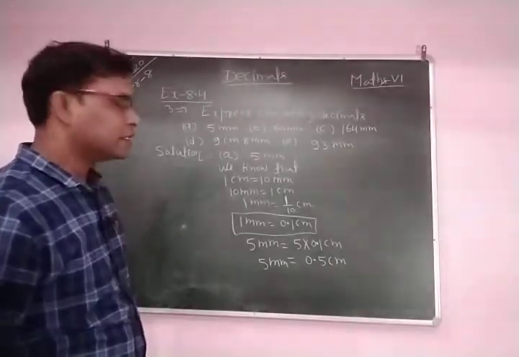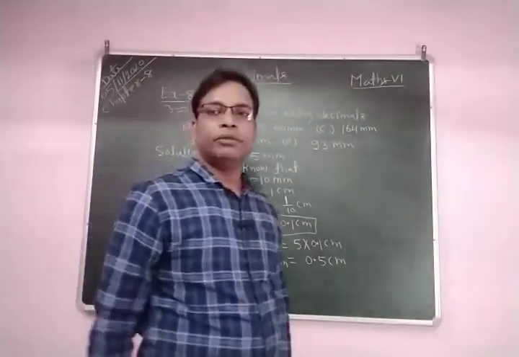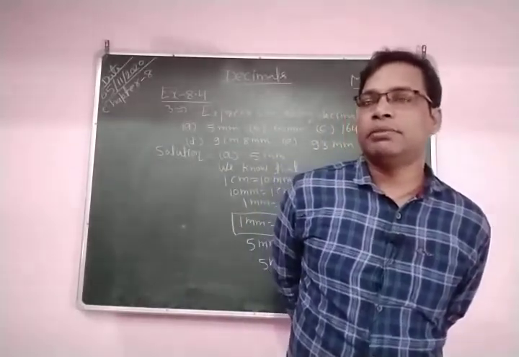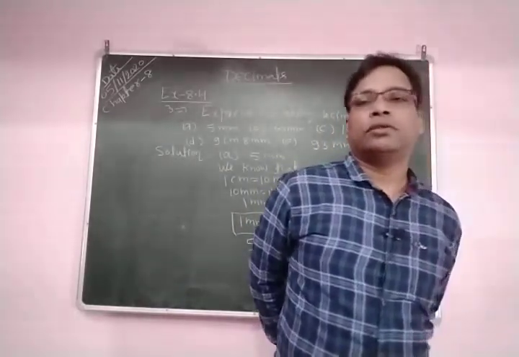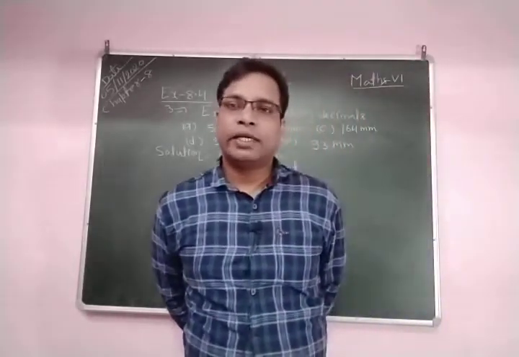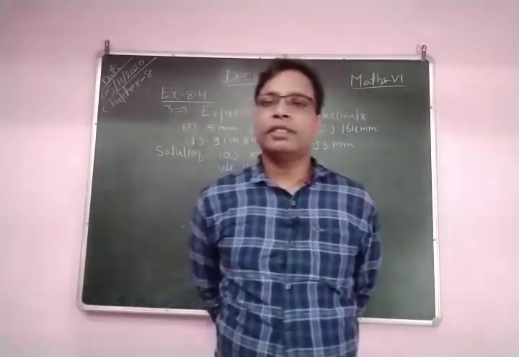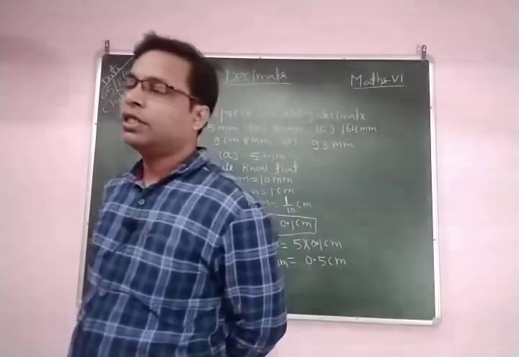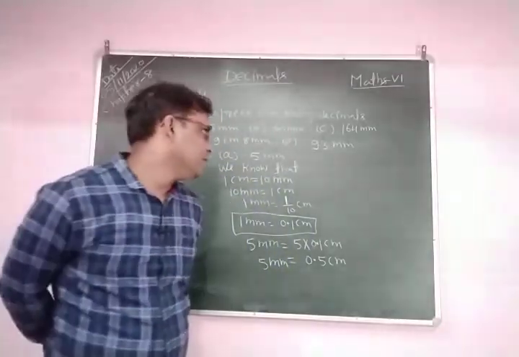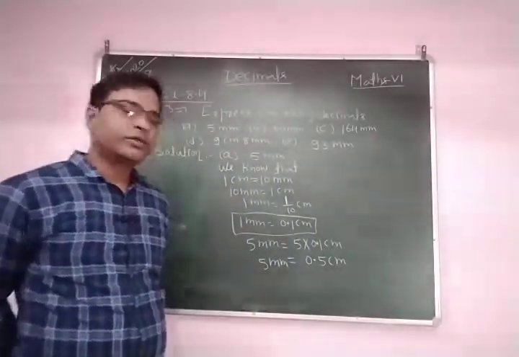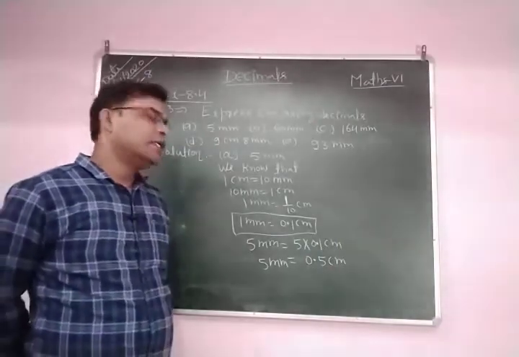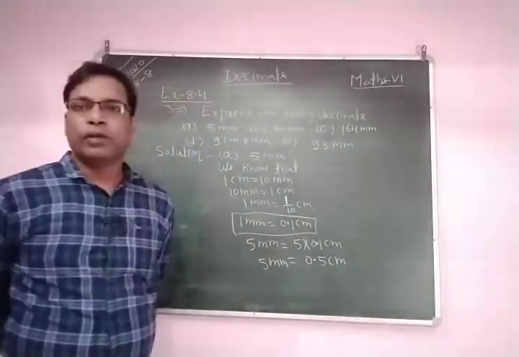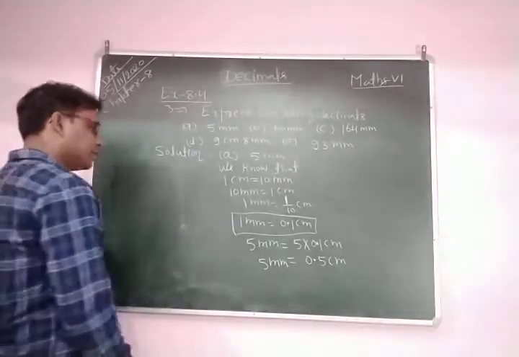In this question, it is given to express in centimeters using decimals. Here 5 millimeters is given. So first we need to know the relation between millimeters and centimeters. As you know, 1 centimeter is equal to 10 millimeters, or 1 millimeter is equal to 1 upon 10 centimeters.